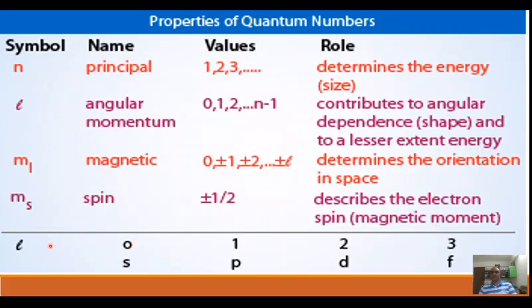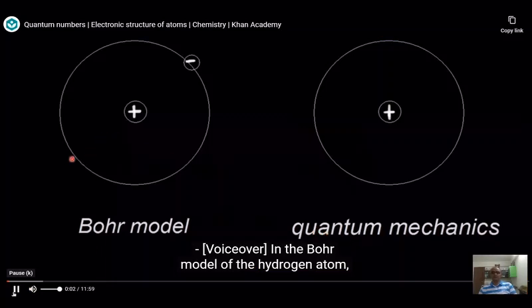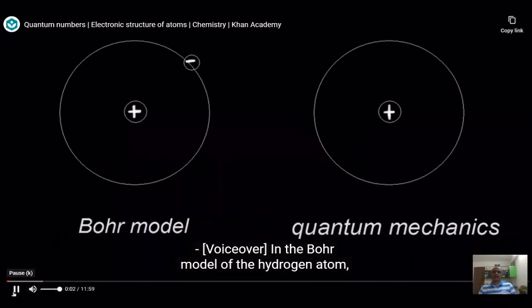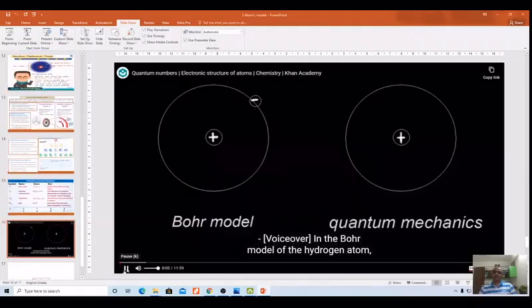This L indicates the subshells, which are represented like this: 0, 1, 2, 3. So after the summary of the quantum numbers, we'll watch a small video to clear up the idea related to the Bohr model and the quantum mechanics model.